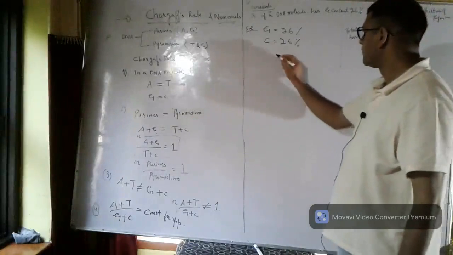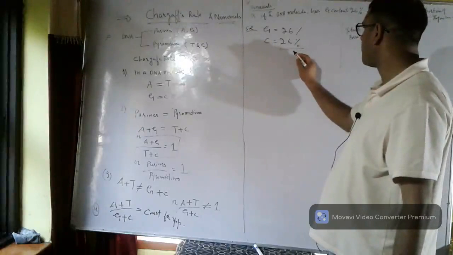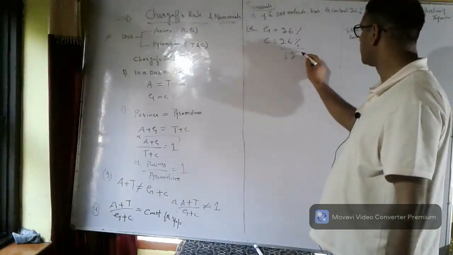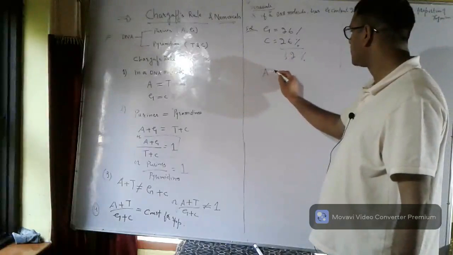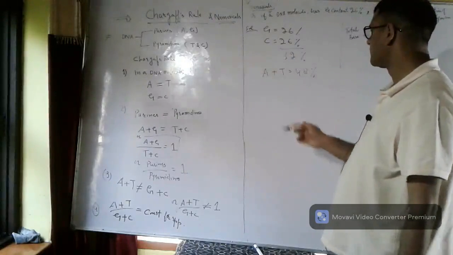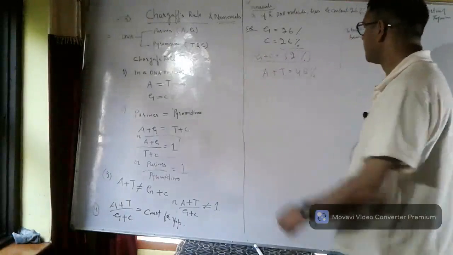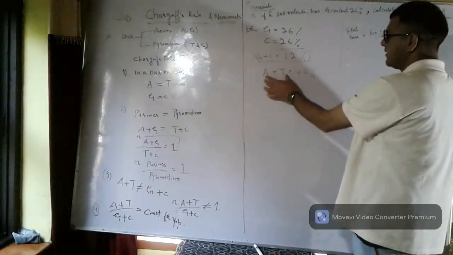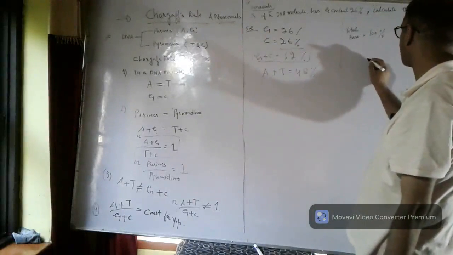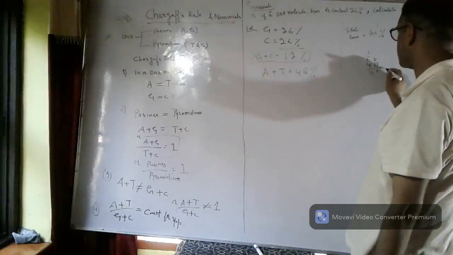Together guanine plus cytosine is 52%. It means adenine plus thymine would be 48%. We have 52 and 48, that is 100%.